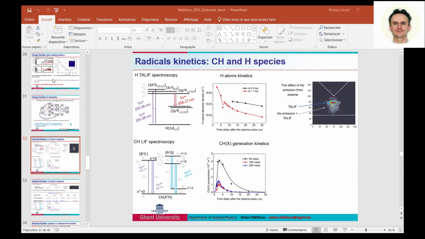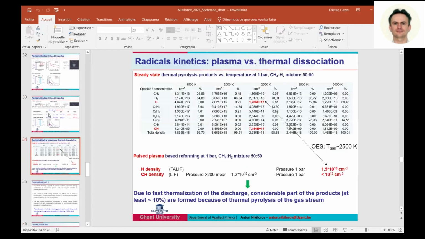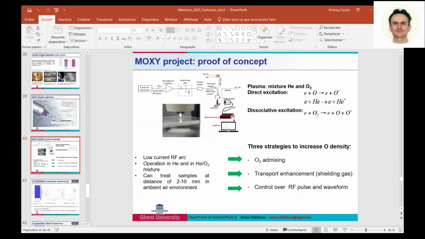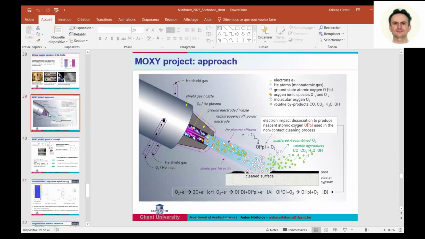So I will start from the last part. Formation of gaseous products doesn't influence plasma. The plasma itself, if we go back, can you go back to the presentation? Yes, sorry. The plasma itself is formed inside of the nozzle.